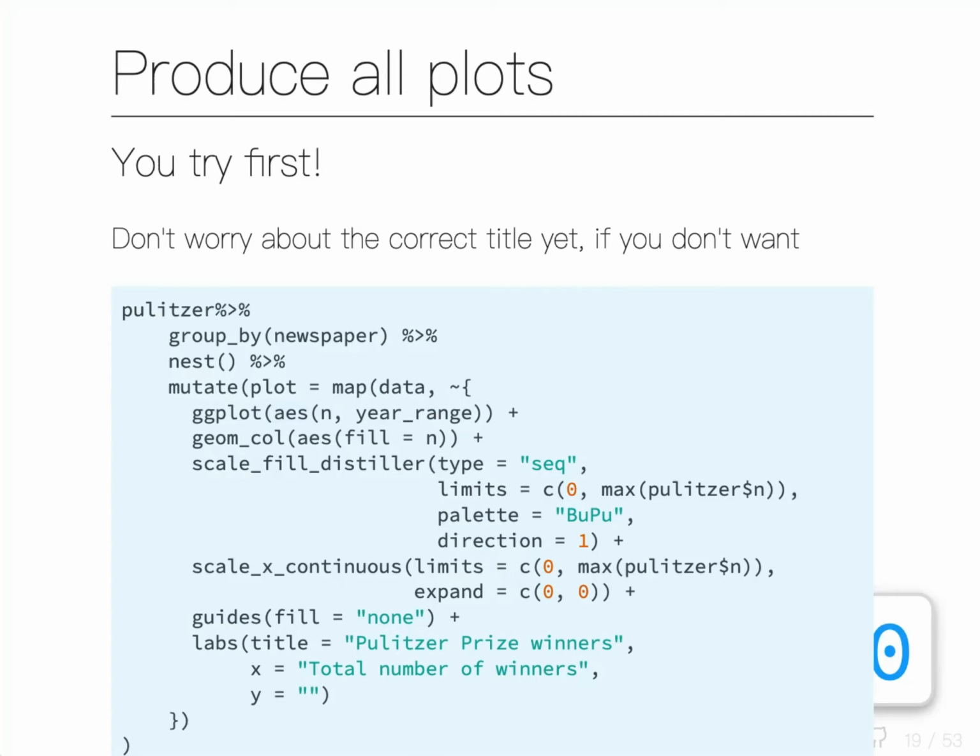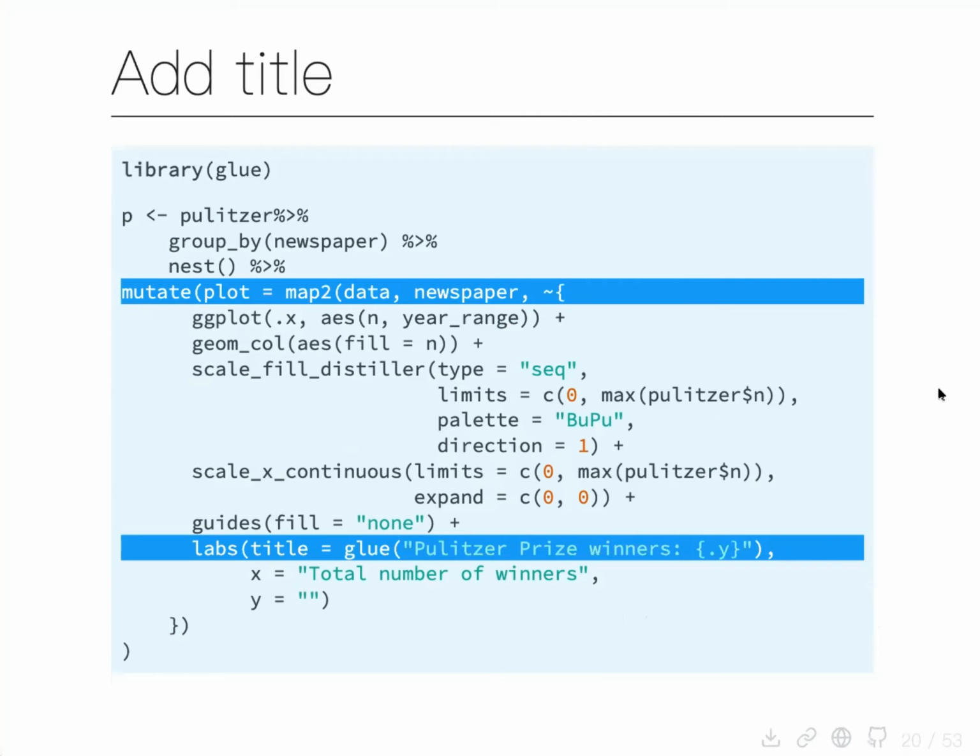Yeah, that works. I must not be evaluating this code, otherwise I would have gotten an error. But yeah, the .x should be right there so that you're passing this data frame. Okay, yeah, there it is on this slide.